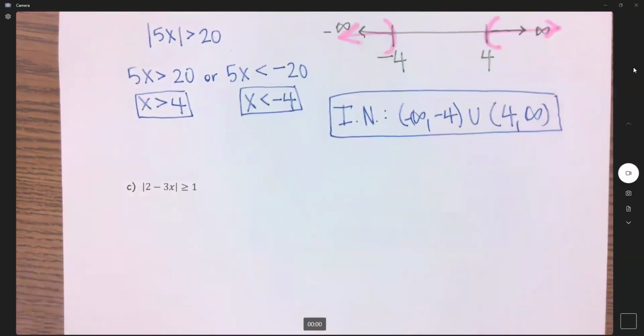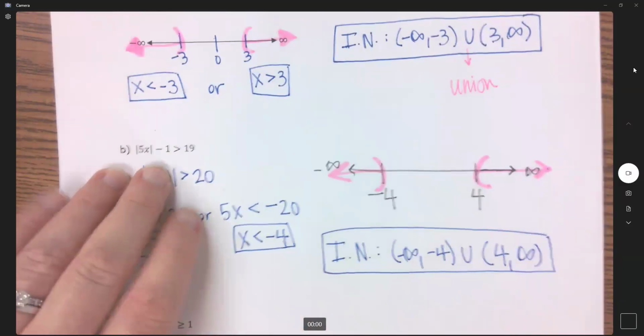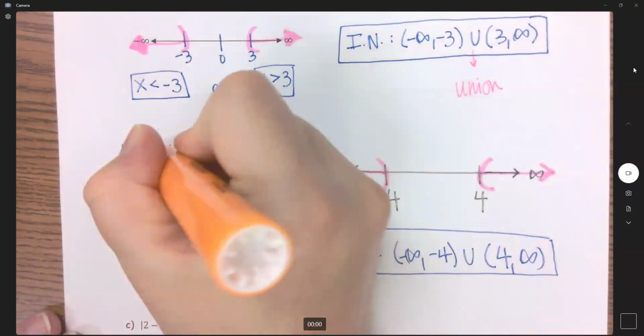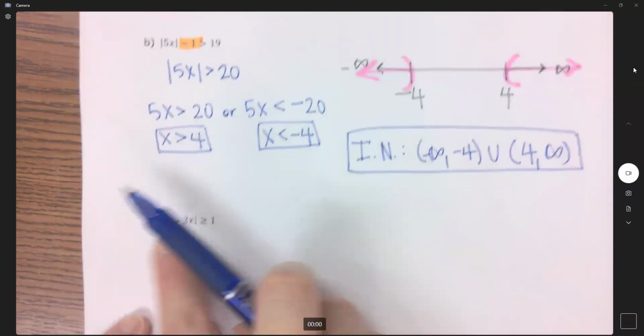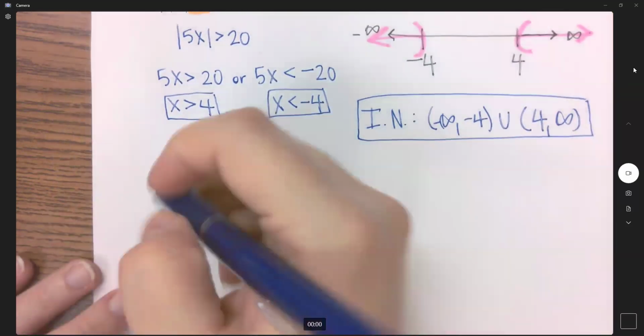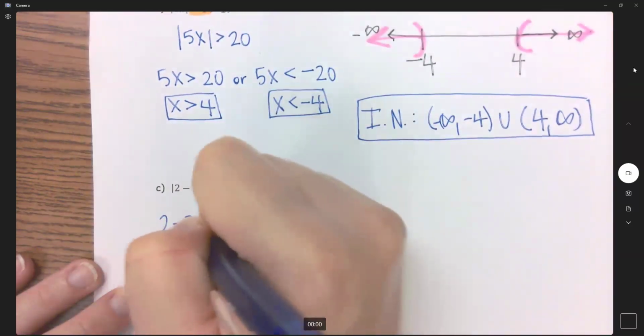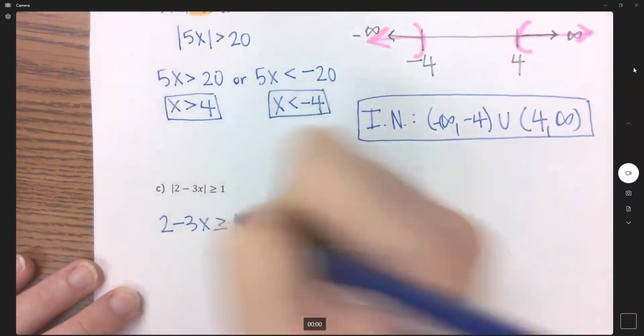Last one here on C. Can I separate this into my two equations? Yes, the absolute value is isolated. Here, we had the absolute value plus 1, so I needed to add that 1 over. But this one's just the absolute value. So now we have 2 minus 3x is greater than 1.